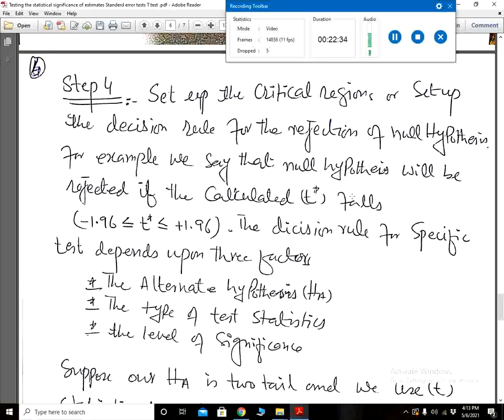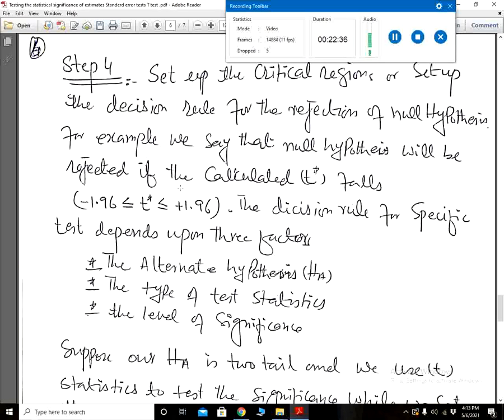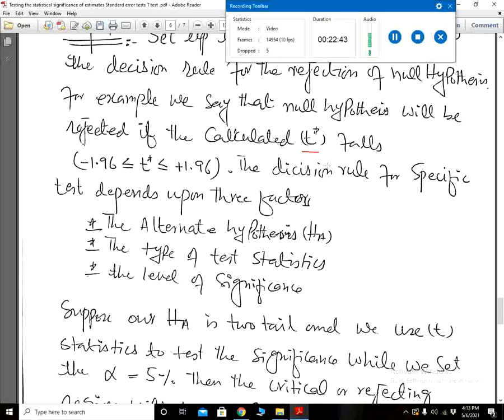For example, we say that the null hypothesis will be rejected if the calculated value that we have calculated in step 3 falls between this, right? Sorry, we will accept here. This is for the acceptance of the null hypothesis.